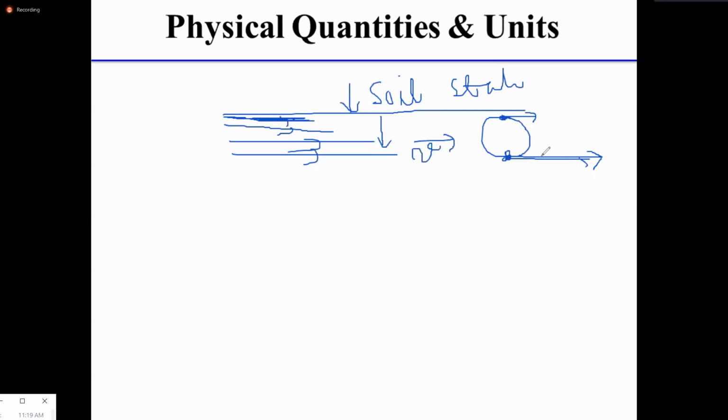So the point here will be trying to go faster, and the point here is going slower. So obviously the wheel will be trying to rotate this way. If you put the wheel the other way, then the wheel will obviously be rotating in the other direction.